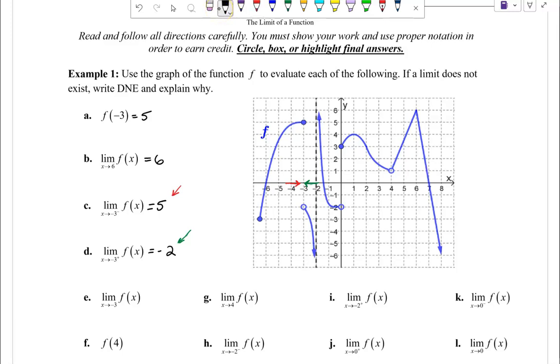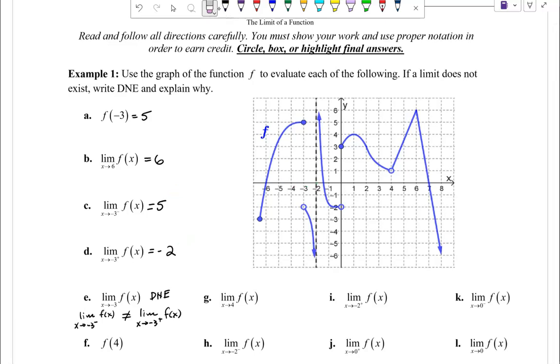When this happens, we say the limit does not exist. And the reason is that the limit of f of x as x approaches -3 from the left does not equal the limit as x approaches -3 from the right of f of x.